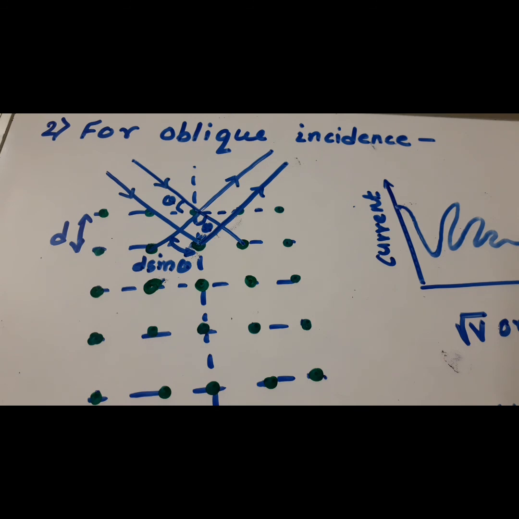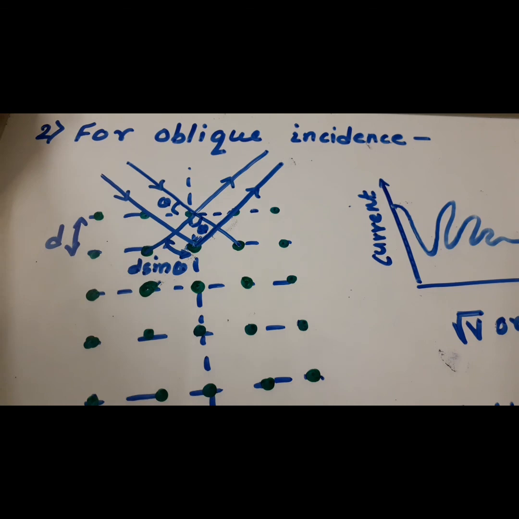Suppose the angle of incidence is 10 degree, then the angle of reflection is also 10 degree. By changing applied voltage V, the de Broglie wavelength can be changed. Then the electron follows the Bragg's reflection condition.